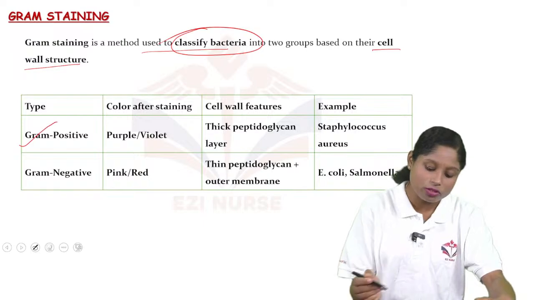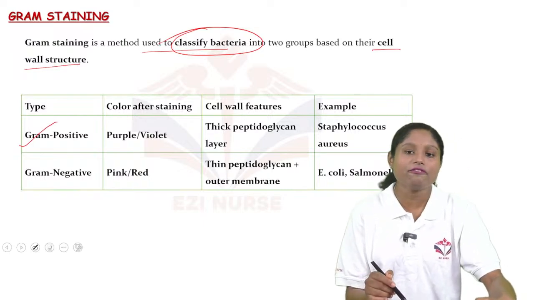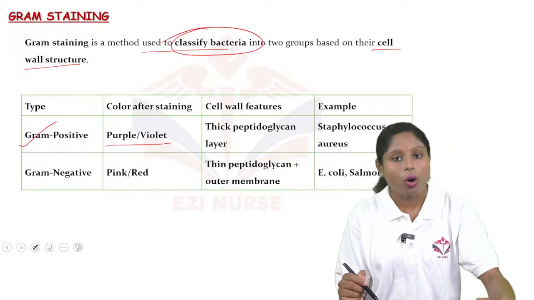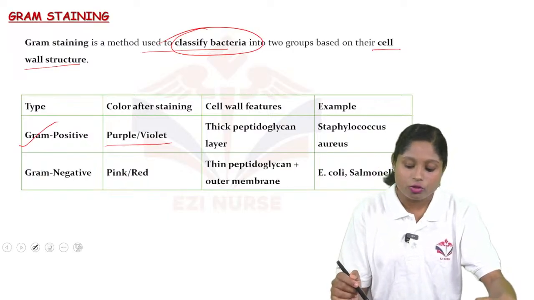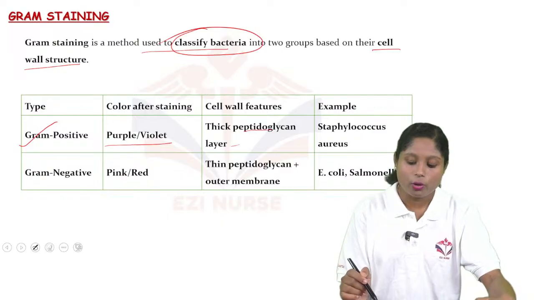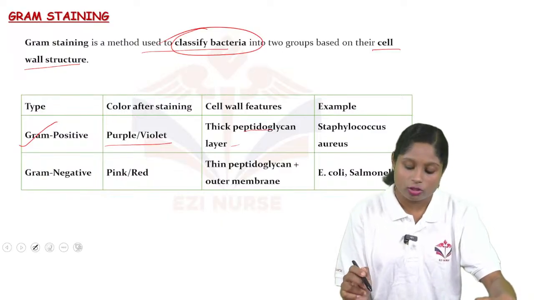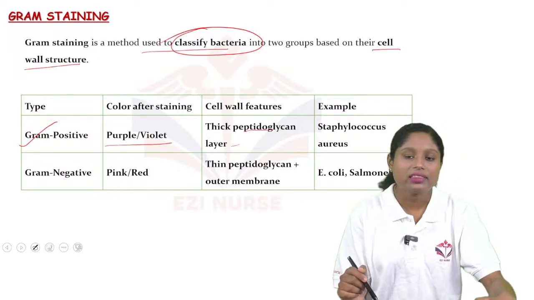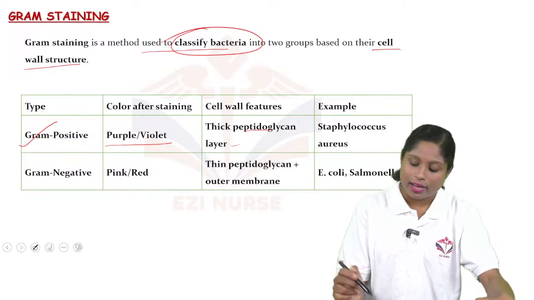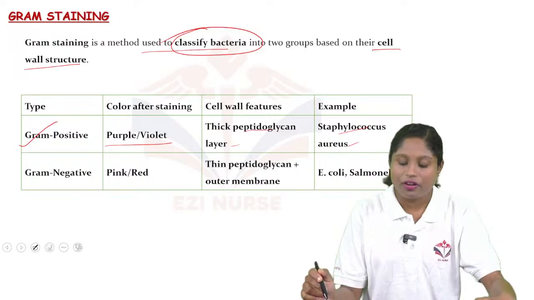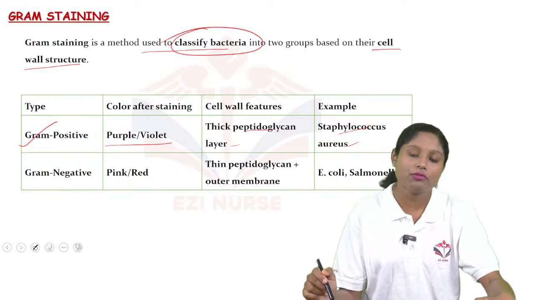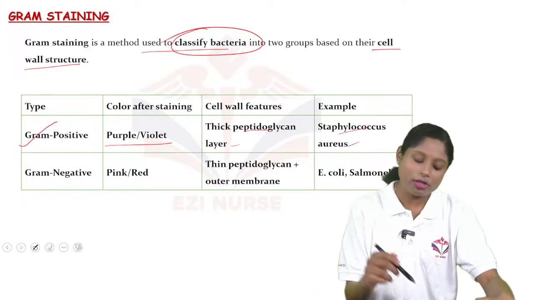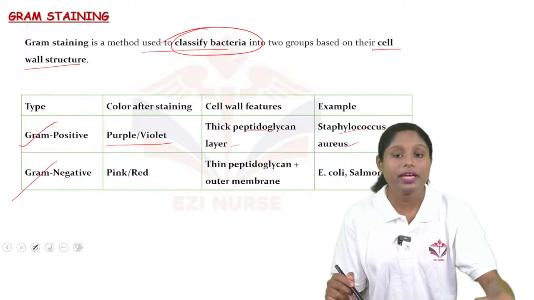What is gram-positive? After the staining process, their color will be purple or violet. What is the cell wall structure? In gram-positive, there will be a thick peptidoglycan layer. The example for gram-positive bacteria is Staphylococcus aureus. Coming to the next category, gram-negative bacteria.